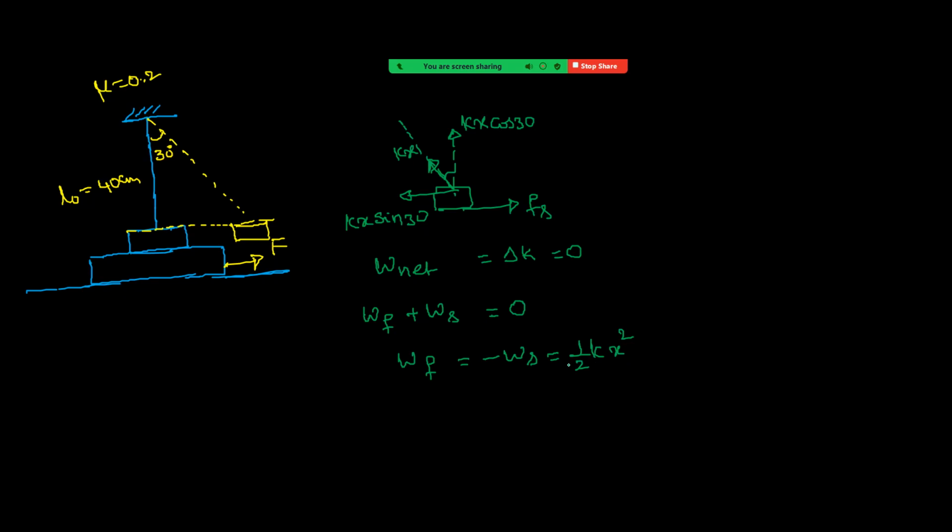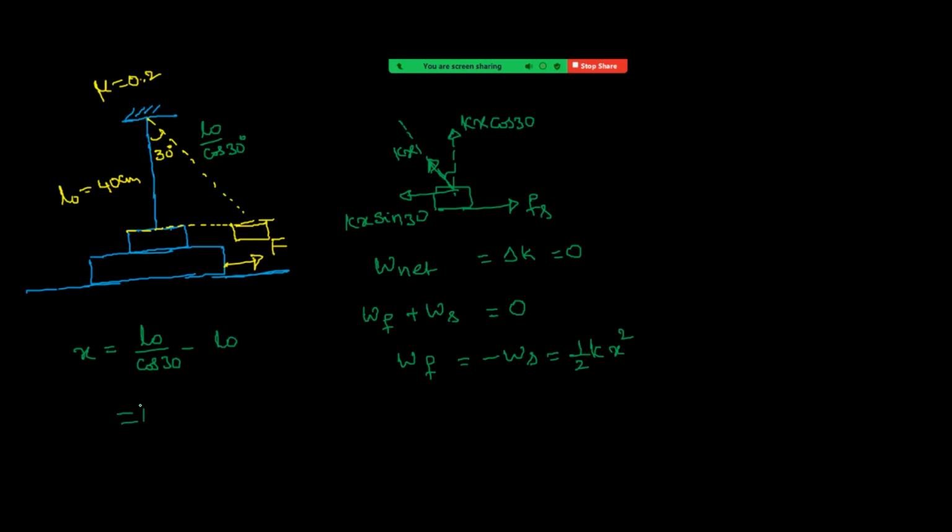Now from this, first of all, we have to focus on what is the k value, because coming to x, it is directly known. See the diagram carefully. In this triangle, this is now the adjacent side, which is equal to 40, that is L naught. This is now the present length, L naught by cos 30. That means x value, the elongation, is equal to L naught by cos 30 minus L naught.